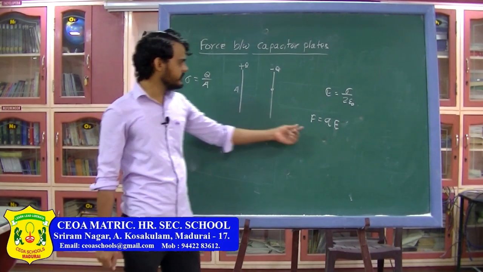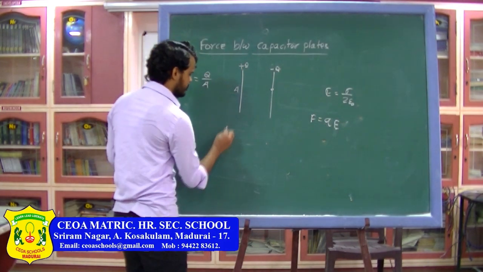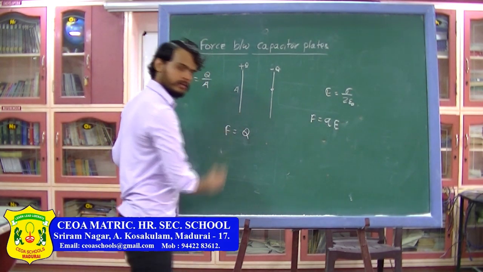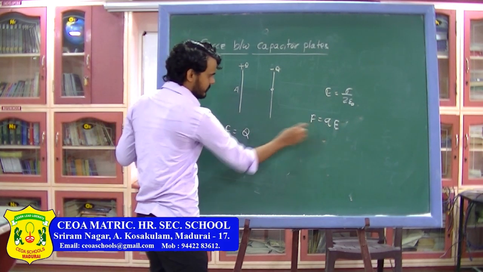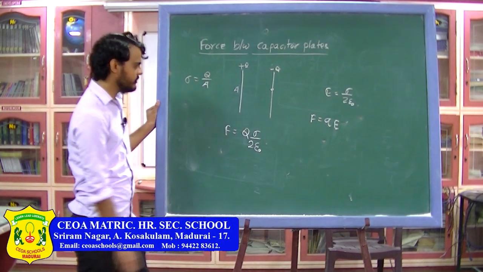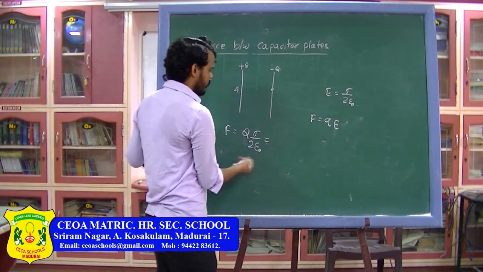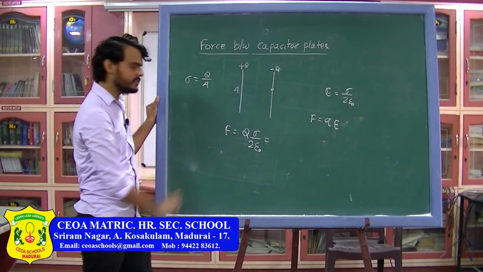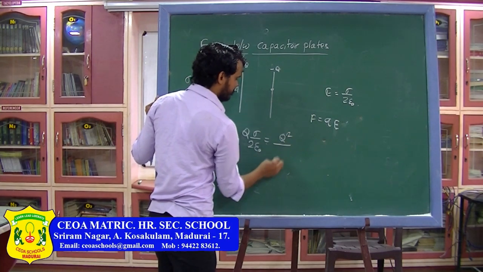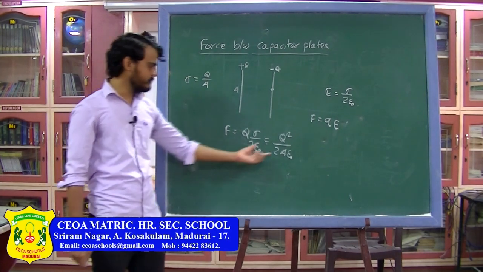So the force between the capacitor plates can be written as q times sigma divided by 2 epsilon naught. Writing sigma as q divided by A, we get q square divided by 2A epsilon naught.